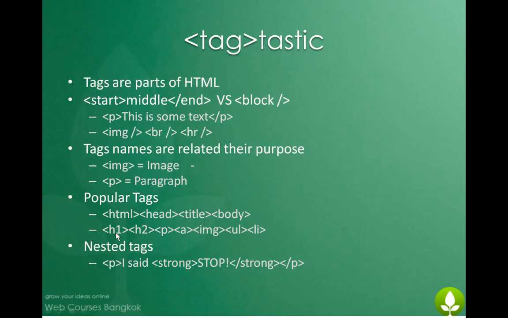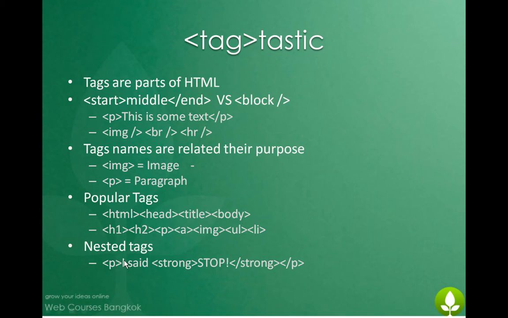So other ones we have is H1, heading 1, heading 2, paragraph. Do you know what A is for? No. It means link. It's an old way of doing it, anchor link. And so A, and then you have to give it some extra stuff, and we're going to talk about that in a minute. Now, a nested tag means a tag inside a tag. Example, P. Start.